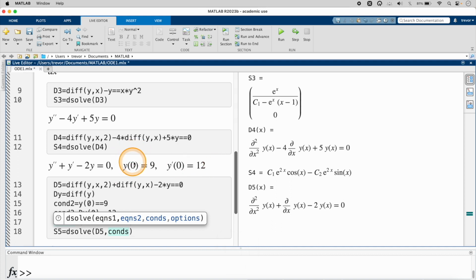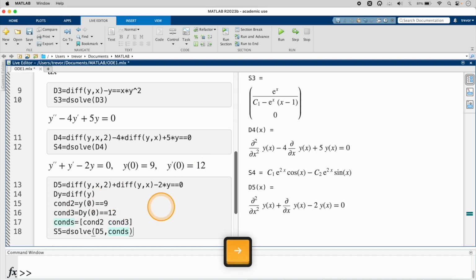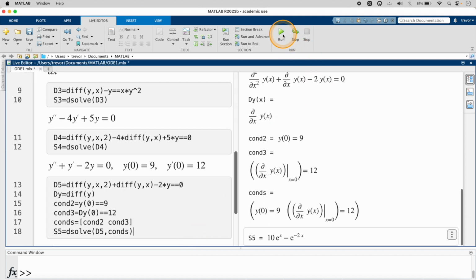These conditions, y at 0 equals 9, y prime at 0 equals 12, which we have defined here as conditions. So I go on and run, and it gives us the solution there. S5 is equal to 10 exponent of x minus exponent of 2x. So that's the solution there of this ODE given these conditions.